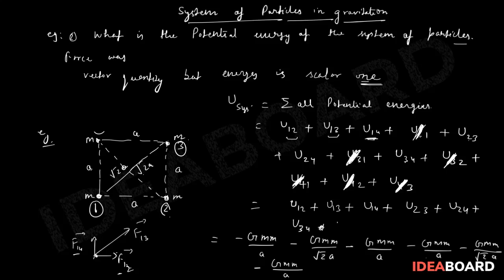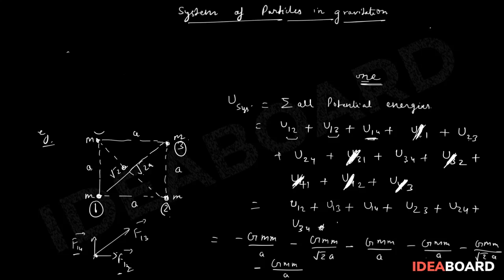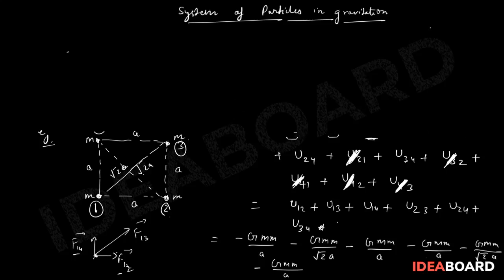So now you can add up these energies directly without any problem. So this is going to be, how many? Minus GMm upon a, minus GMm upon a, minus GMm upon a, and minus GMm upon a.